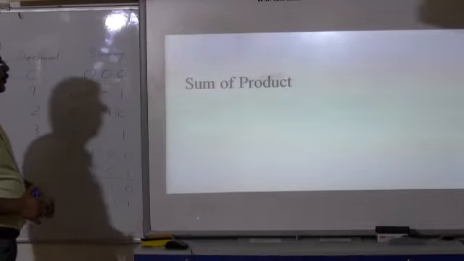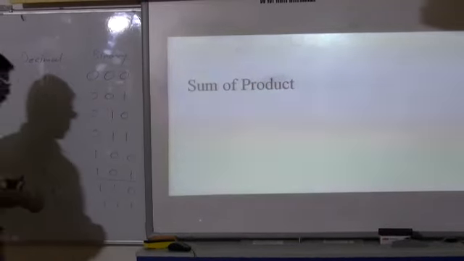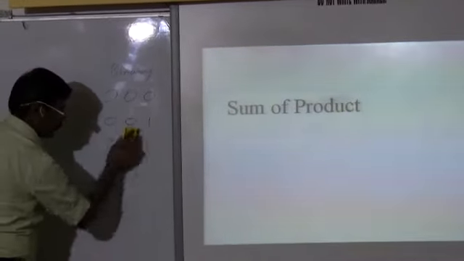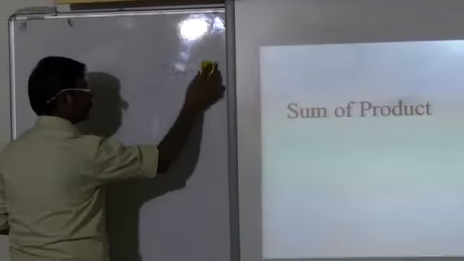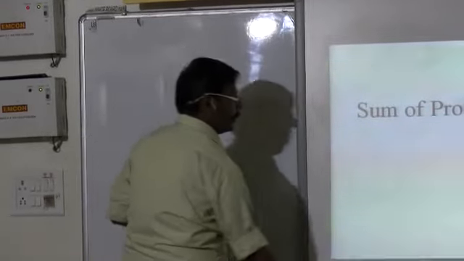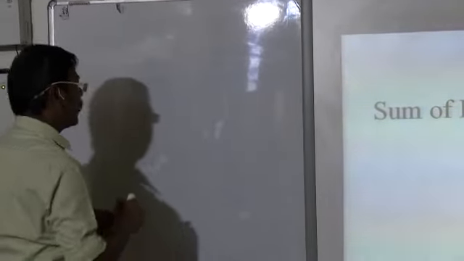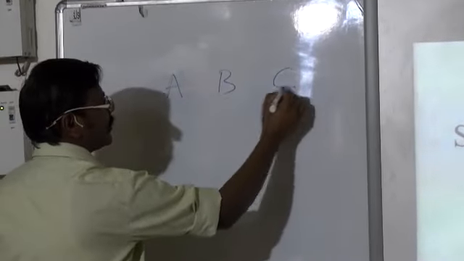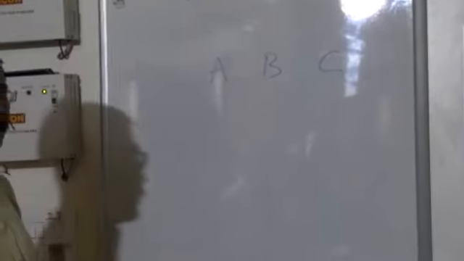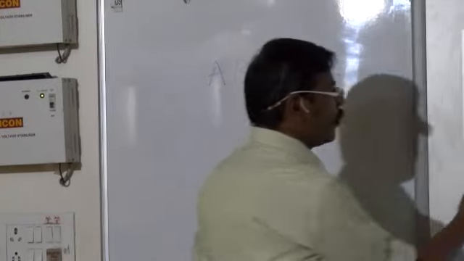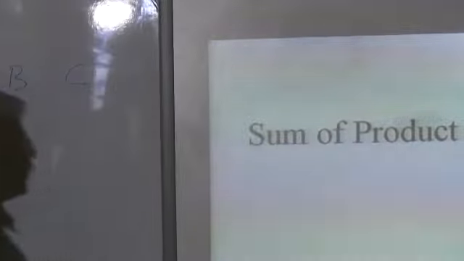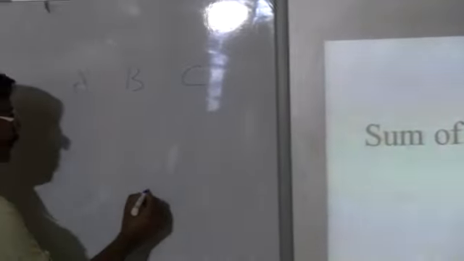Now we come to what is sum of product. Let's pay attention here. We had 3 inputs in our truth table, A, B, and C. Now there are 2 words here, sum and product. When we speak of product, in maths the symbol is dot.